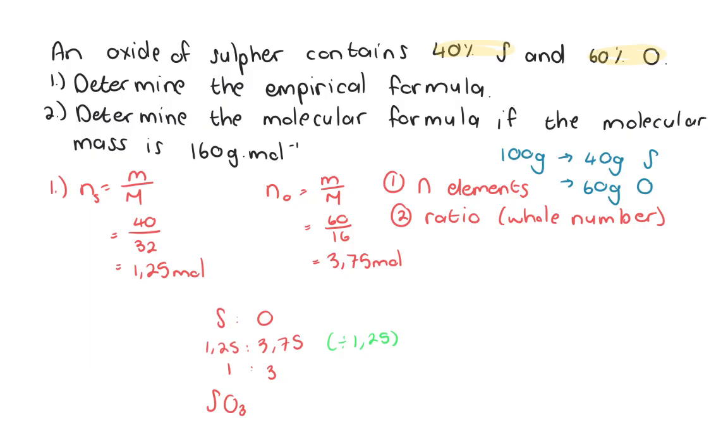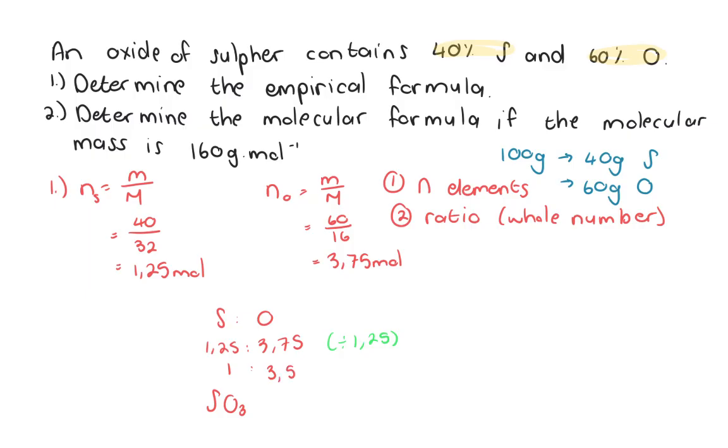If this wasn't a whole number, let's say you got 1.002 or you got 2.998, if it's very, very close to the number, then you can round up or down. But if it's in the middle, let's say this one was 3.5, you can't round that up or down.